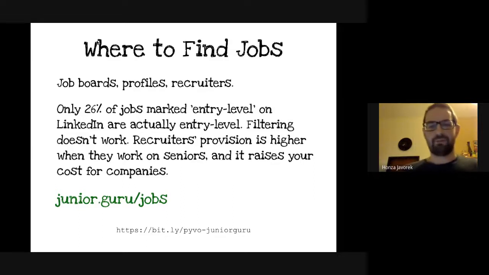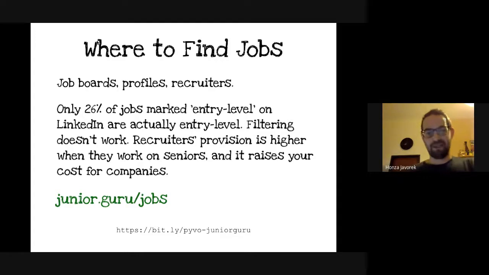So the company pays for that, and that's the big disadvantage for you as a junior, because the cost of you as a person they hire is higher, and that means if they have candidates to choose from, and you're going through a recruiter, you're much more expensive, and they won't choose you. So I've been told by recruiters that they're telling juniors not to go through them, because they'll get more jobs without them than with them.